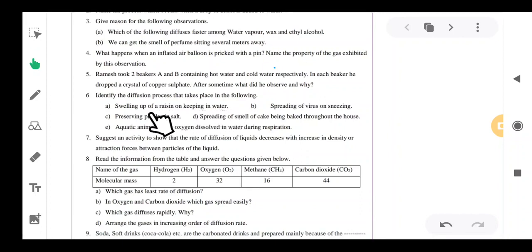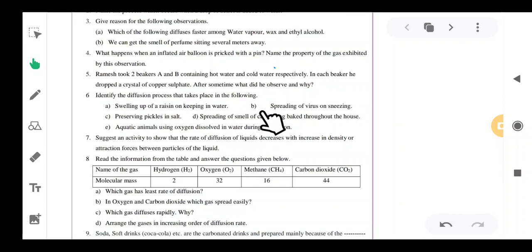So this resin diffuses in water. So solid diffuses in liquid. This is the answer. Once again, resin diffuses in water. Resin is a solid, so solid diffuses in liquid.